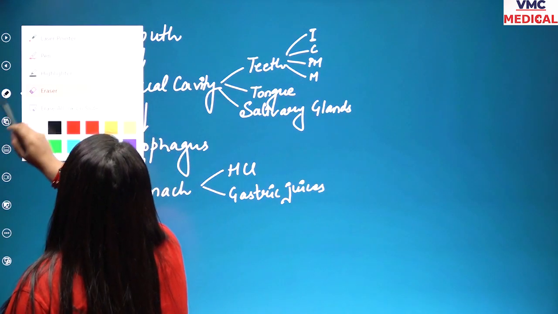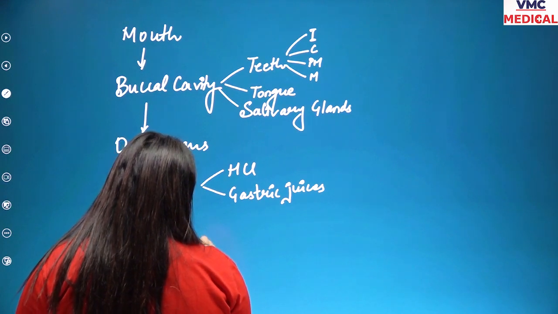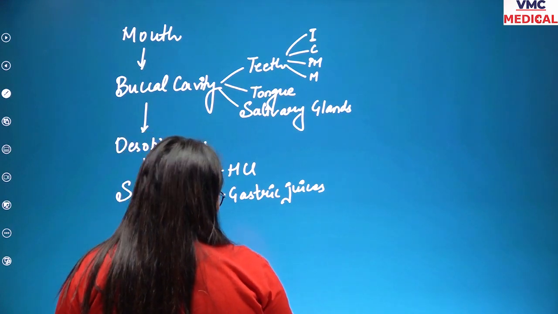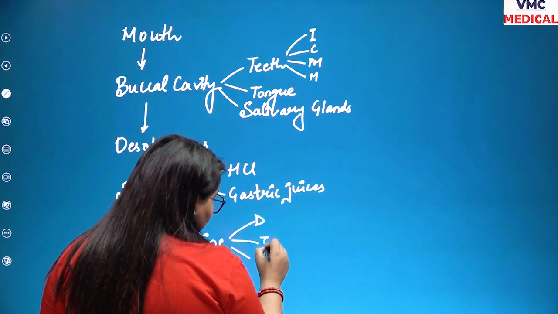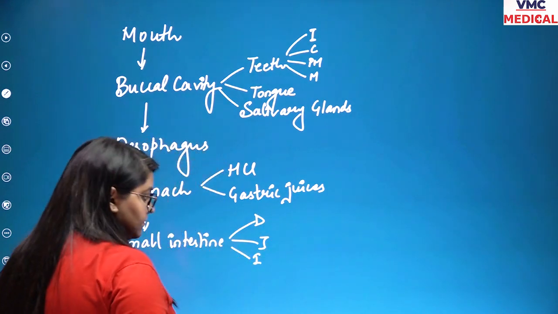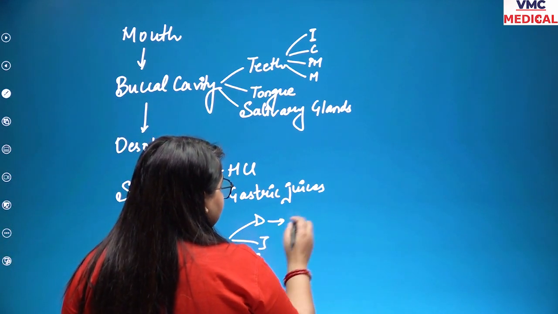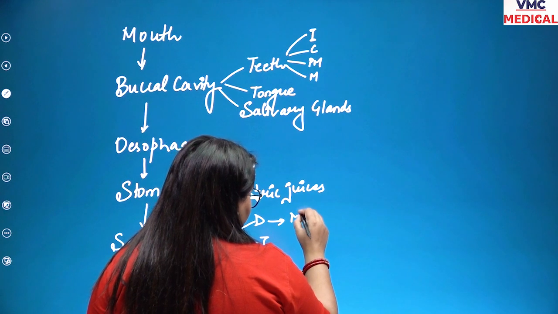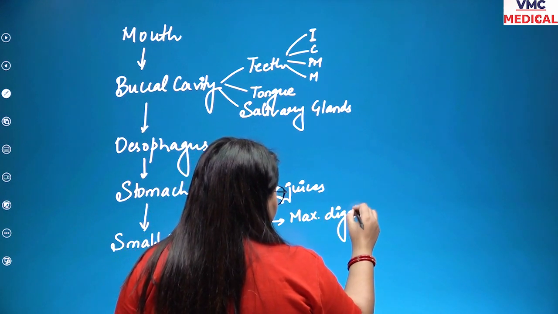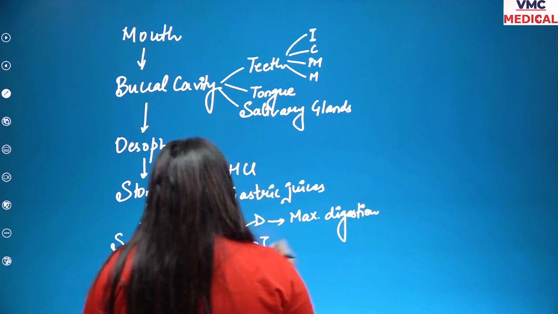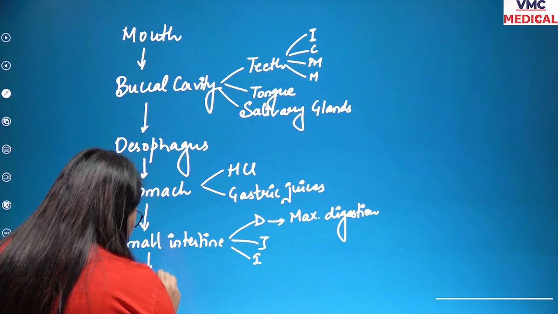Then you have your small intestine, which is having 3 parts: duodenum, jejunum and ileum. ठीक है? In duodenum you have what? Maximum digestion. ठीक है? Then comes your large intestine.